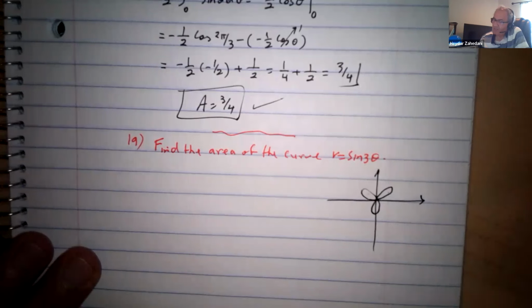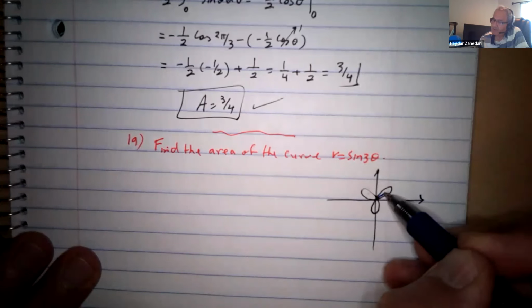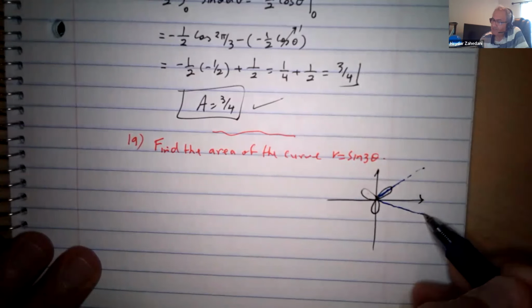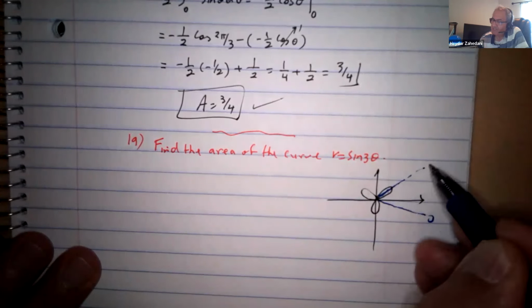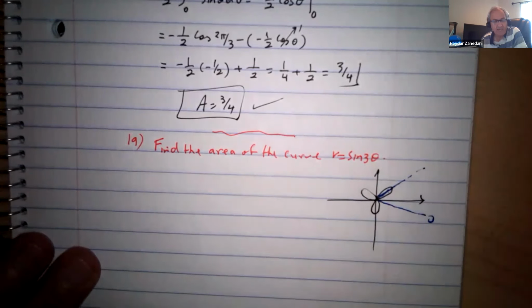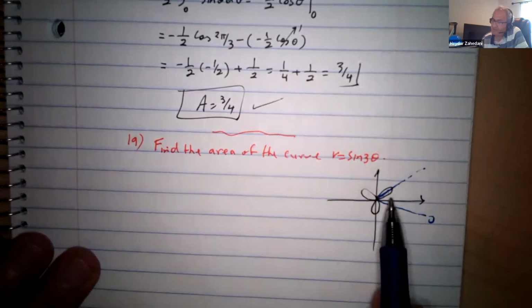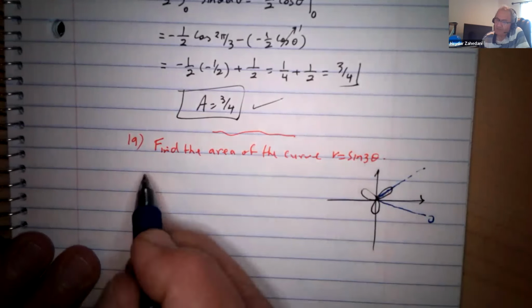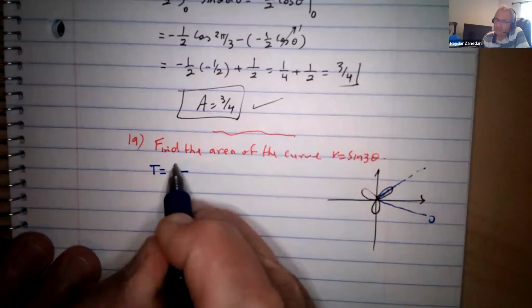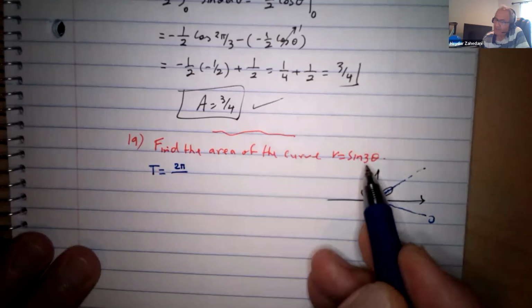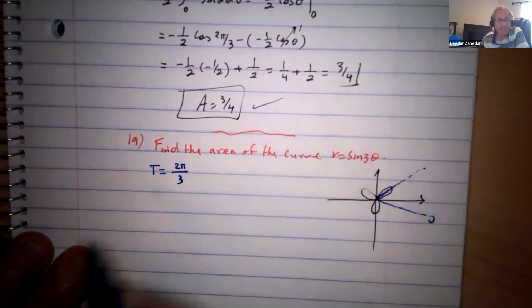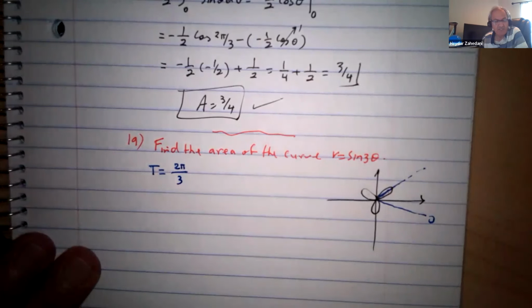Or you can divide this petal into 2 parts. You see, 2 parts. This is going to be the one, from 0 to whatever number this is, and then you multiply by 6. To find out where this part ends, just find the period of this function. The period is 2π over 3, 2π third, if you like. Let's maybe do it in terms of degrees.